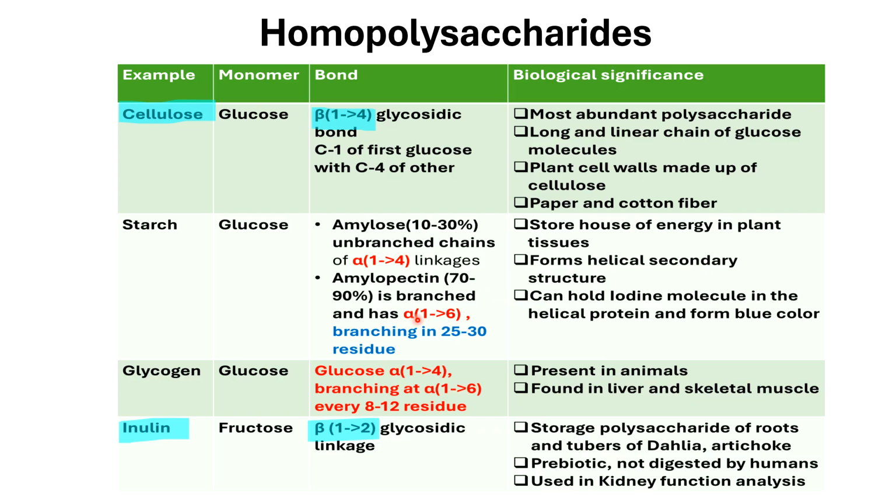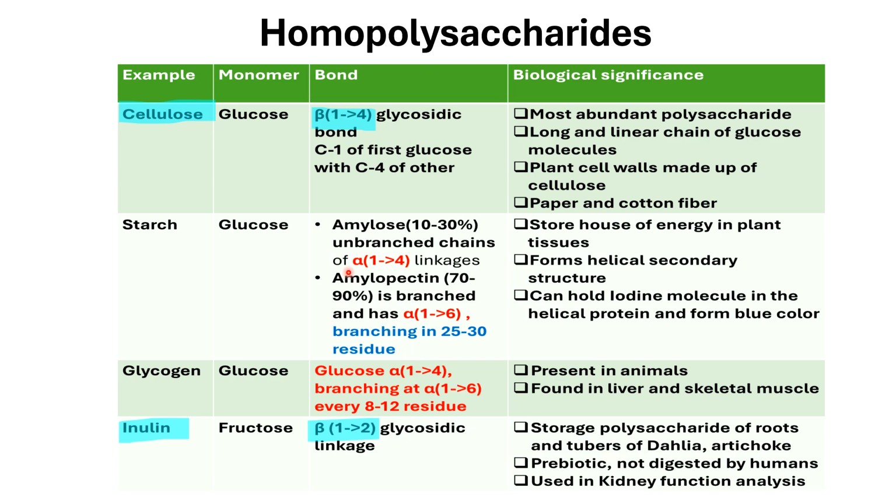What is the meaning of branching? Branching means another glucose molecule will attach to the parent structure. This glycosidic bond is formed between C1 of one glucose unit with C6 of another glucose unit, and this branching takes place typically after the 25th or 30th residue.